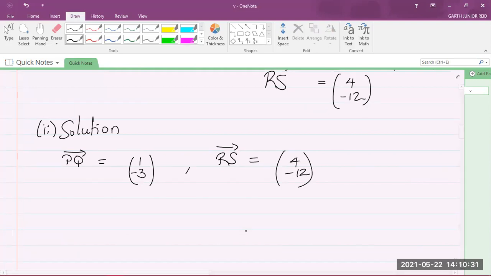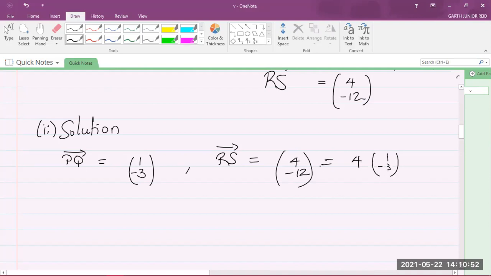If you observe the vector RS carefully, I could write it as 4 multiplied by 1, negative 3.